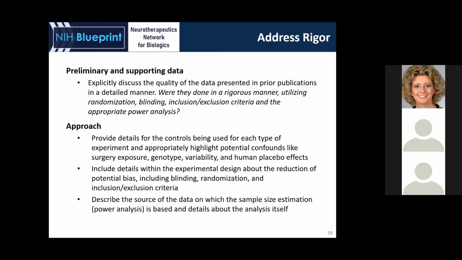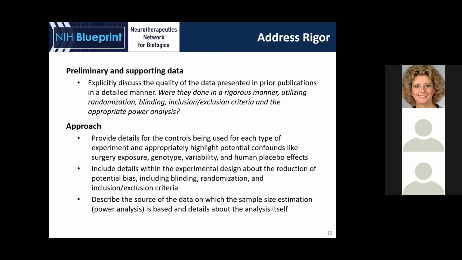For instance, ask yourself these questions. Were these experiments done in a rigorous manner, utilizing randomization, blinding, inclusion-exclusion criteria, and the appropriate power analysis? That helps to get to the answer about how credible and strong your preliminary and supporting data is within the application.